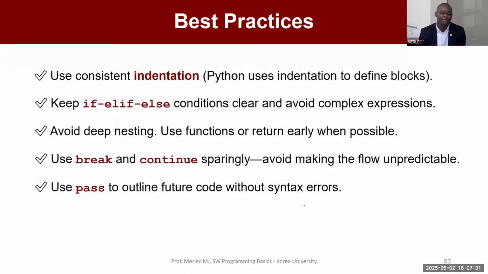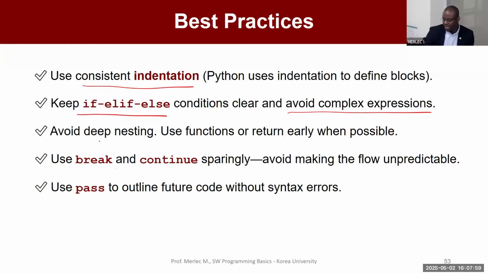The best practice when you deal with loop statements: be consistent with your indentation, okay? To define the block of code that needs to be iterated. Keep if else conditions clear enough to avoid complex expressions that can be difficult to track, because you can have a system that loops infinitely. It may cause problems. Avoid also nesting many loops. Always try to return values using print so you can locate problems if there is some issue in your logic.